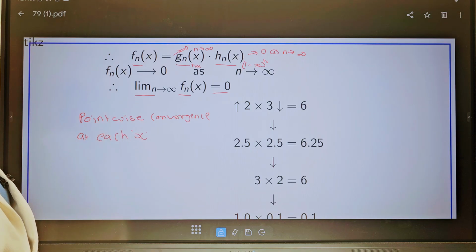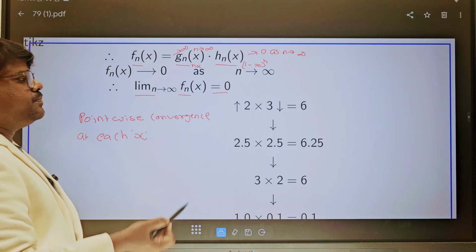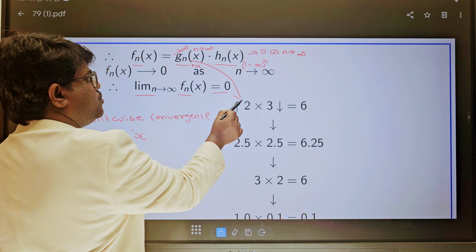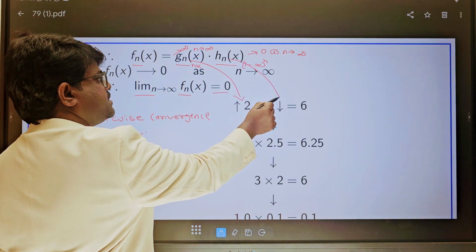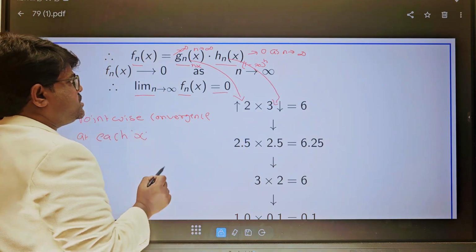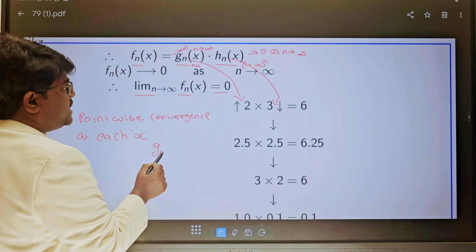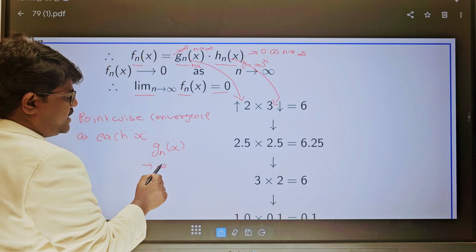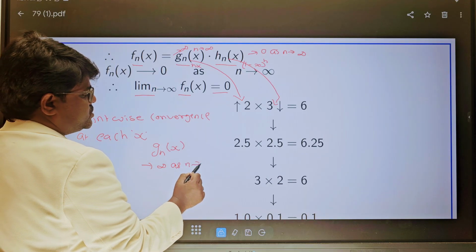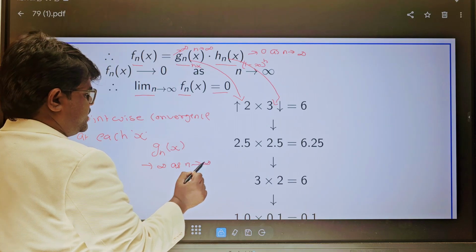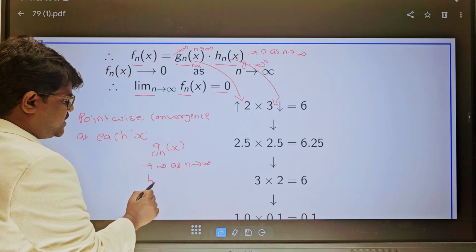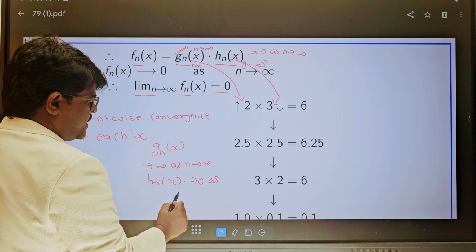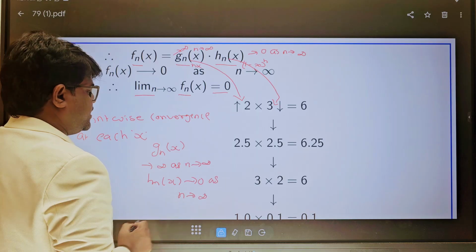For example, gn of x is tending to infinity as n tends to infinity, and hn of x is tending to 0 as n tends to infinity.